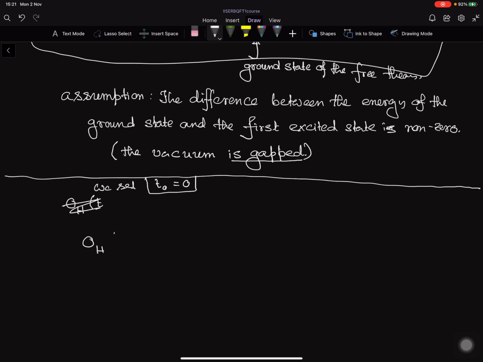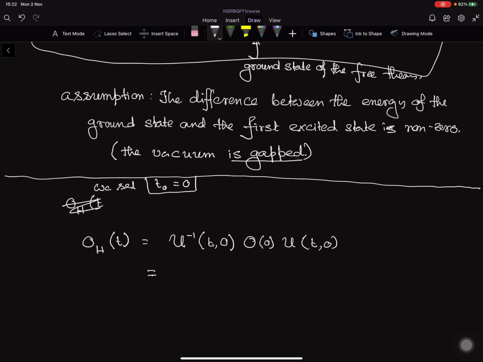Then the Heisenberg operator O_H at t, we know that this is given by U inverse, where U is the full time evolution operator, U inverse O at 0, U (t, 0).